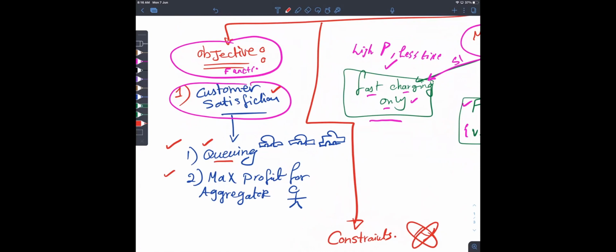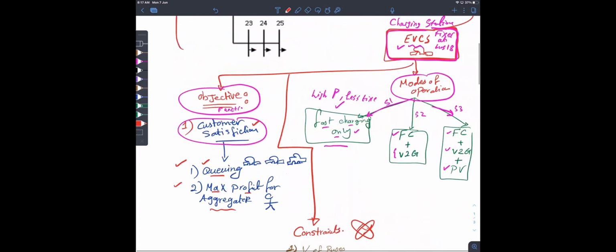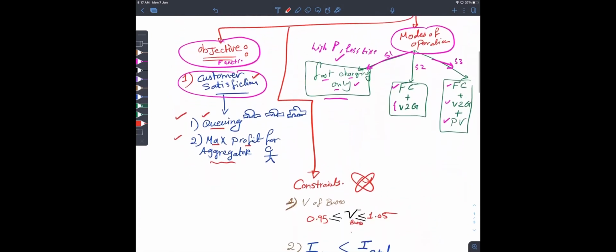The second one is maximizing the profit for the aggregator. The aggregator is the one who is operating the EV station. So these are the 2: customer service, customer satisfaction, plus we can say aggregator satisfaction also.